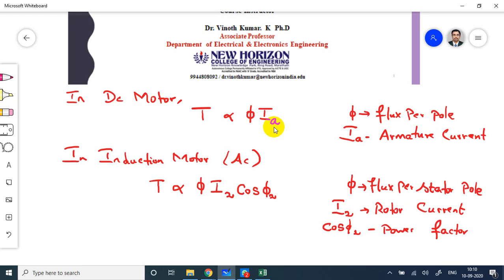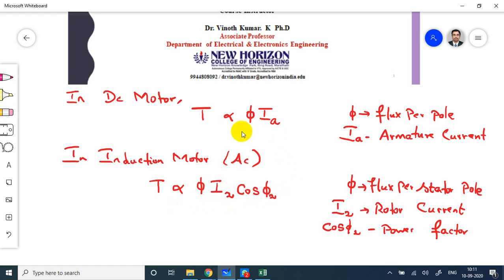So torque is directly proportional to flux per stator pole, rotor current I2 and power factor. T is directly proportional to phi I2 cos phi 2.